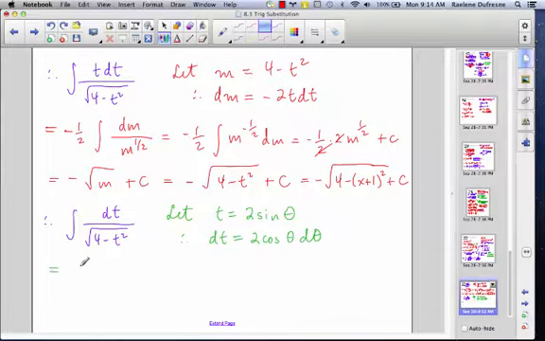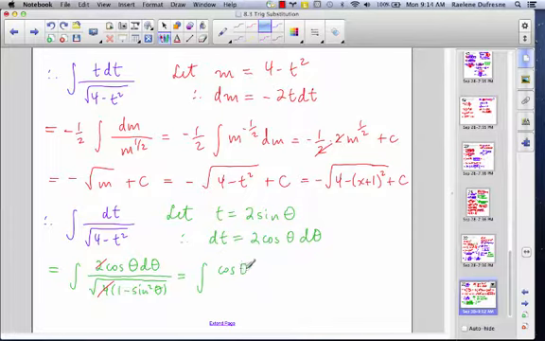So this integral becomes 2 cos theta d theta all over the square root of 4 minus, so I can factor 4 out, 4 minus 4 sine squared theta. The 2 in the top and the 4 under the square root in the bottom reduce. And we have cosine theta all over the square root of cosine squared theta, which simplifies to cosine theta.